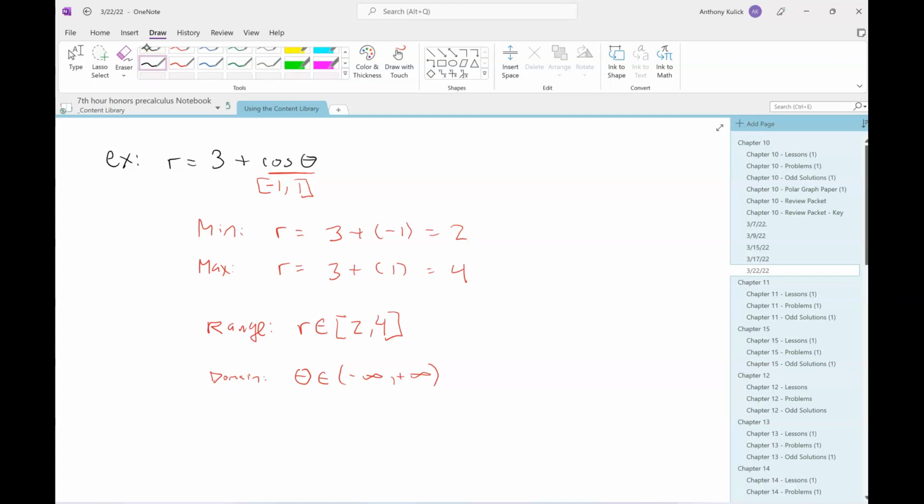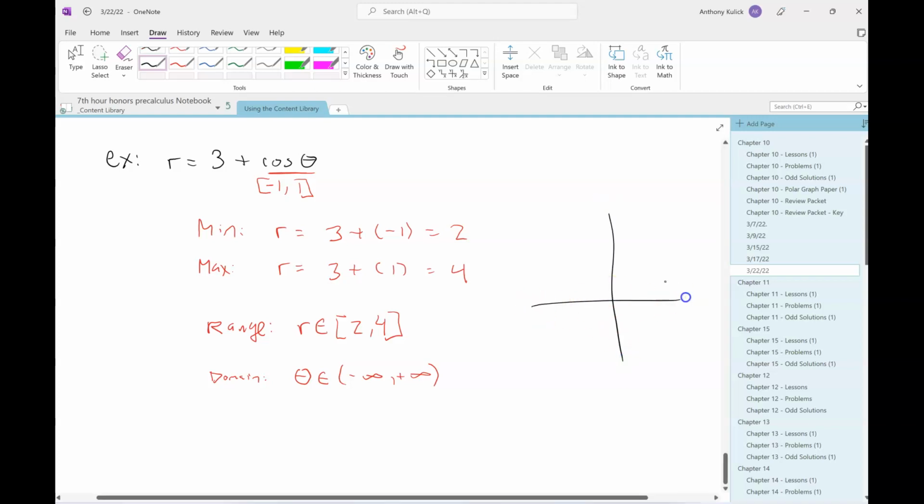Well, what's the range for sine? -1 to 1. Yeah, it's the same as cosine. If you think about it on the unit circle, here's cosine's maximum. Here's sine's minimum. Here's cosine's maximum.